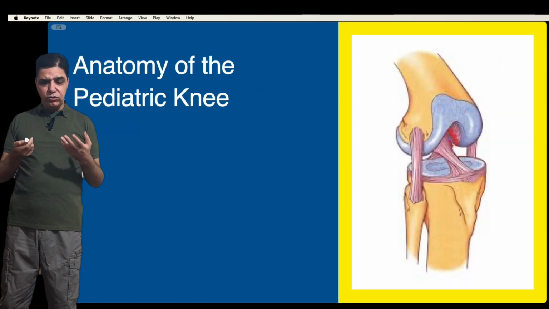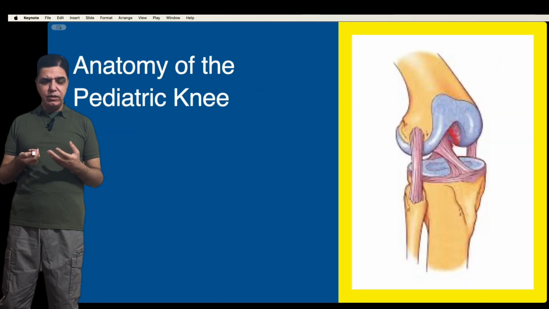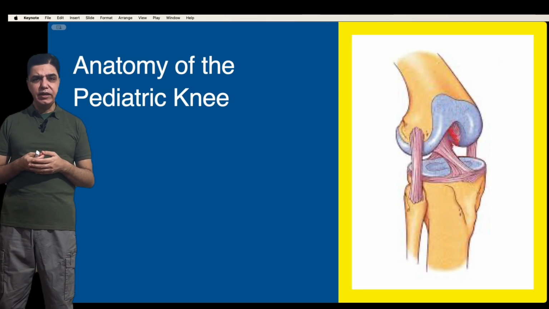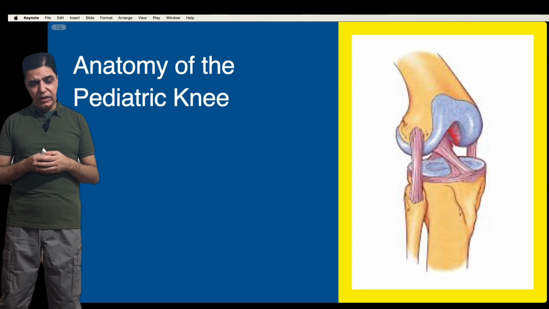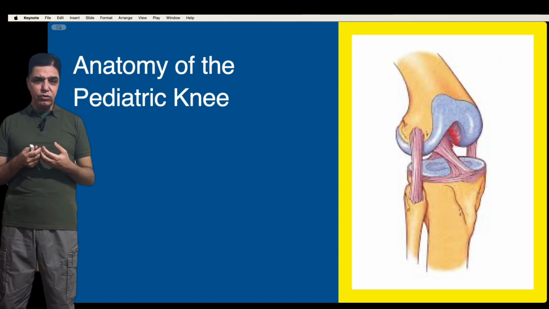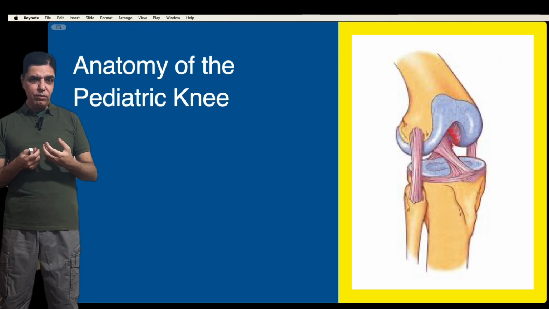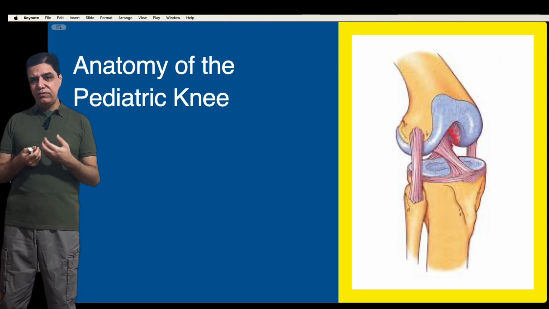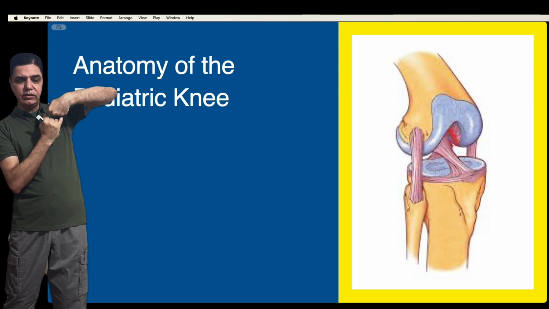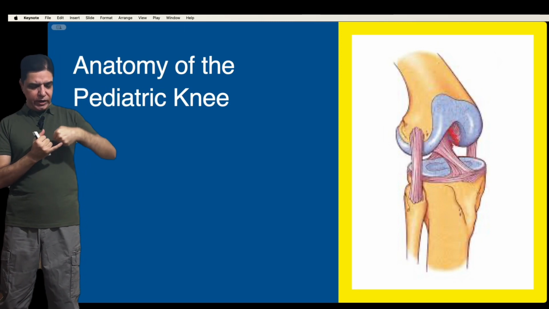Moving on to knee injuries, it's very important for you to understand the anatomy of the pediatric knee. So the pediatric knee, as you can see in this picture, is basically a joint formed by the union of the femur bone superiorly, tibia and fibula inferiorly. So femur is on the top, tibia and fibula at the bottom, and then we have ligaments which attach.